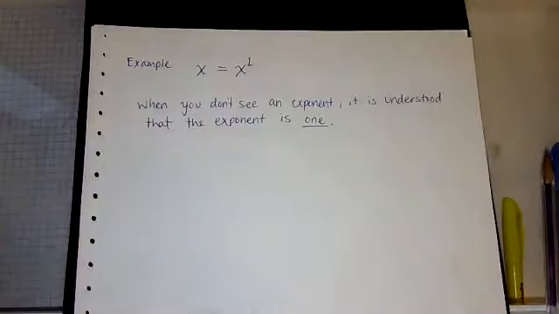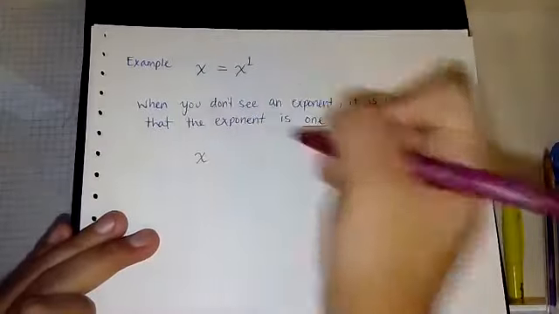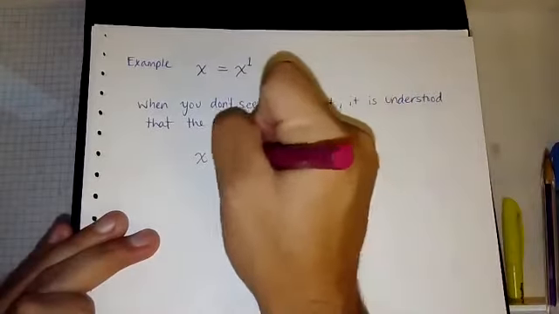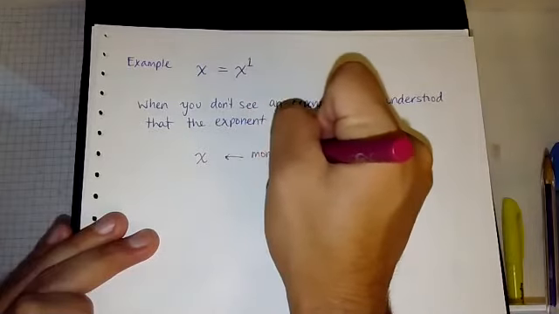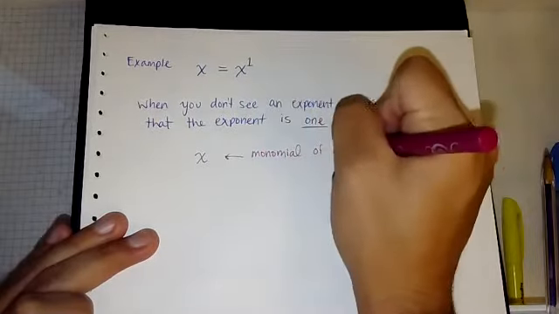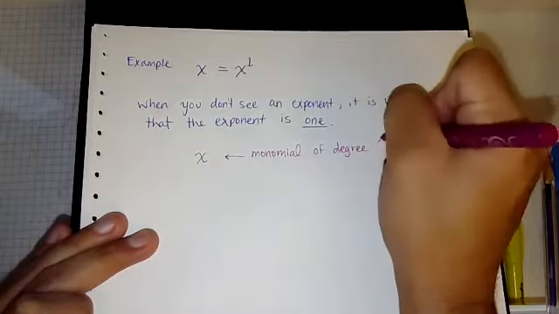So we would say that the expression just x is a monomial of degree 1.